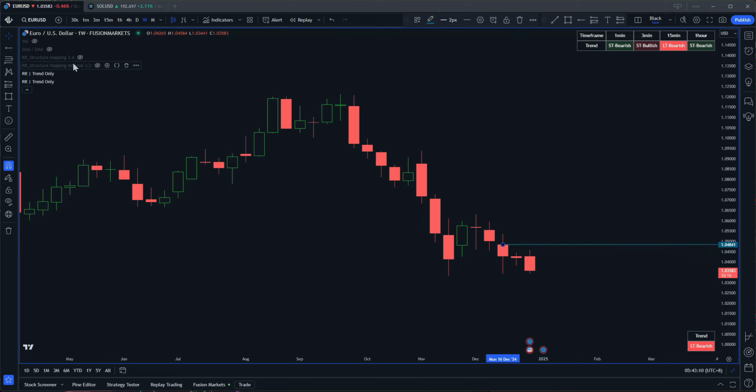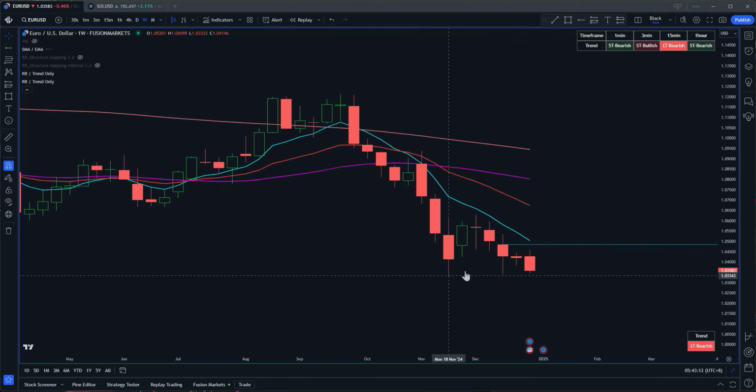Secondly, you'll see that this is the 8 EMA, this is the 21 EMA, 50 SMA and 200 SMA. So this level also we need to keep watching. For example, if the price goes higher, we will be looking for this level to reject, just like here.